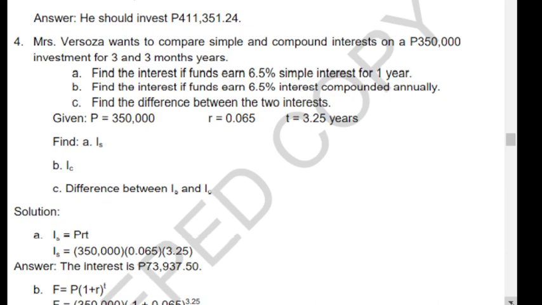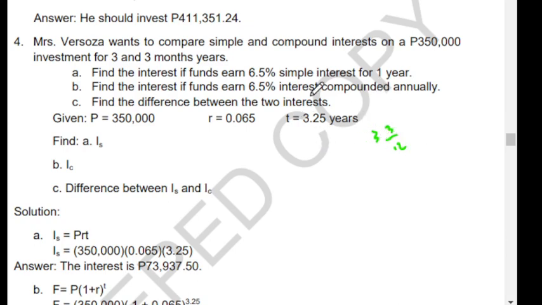So the same given that we have the principal of 350,000 pesos, then the rate is 0.065. Okay, move the decimal 2 places to the left. And when we say 3 and 3 months, that would be 3 and 3 over 12, and 3 over 12 is equivalent to 1/4 or 0.25.